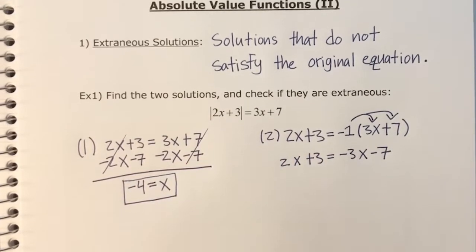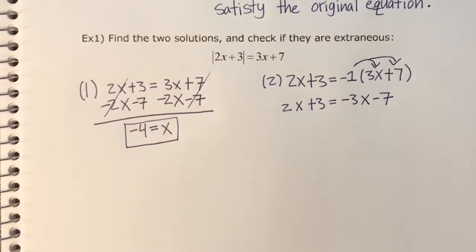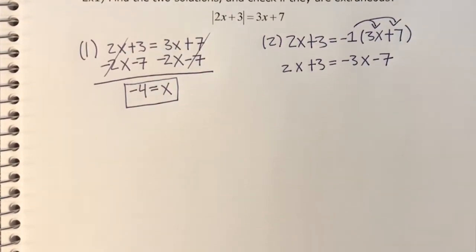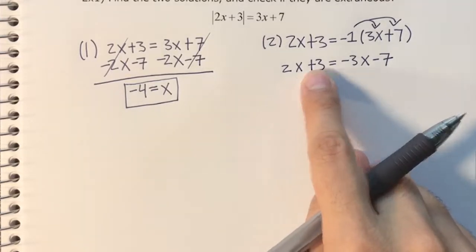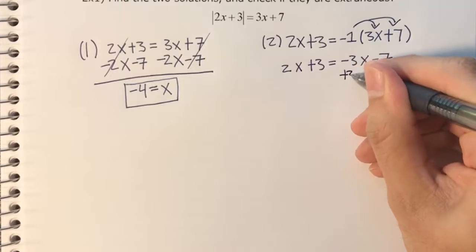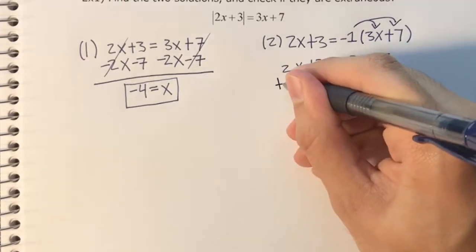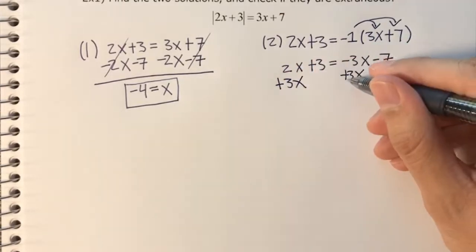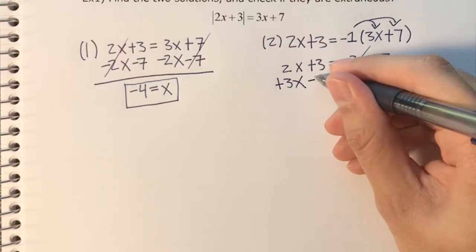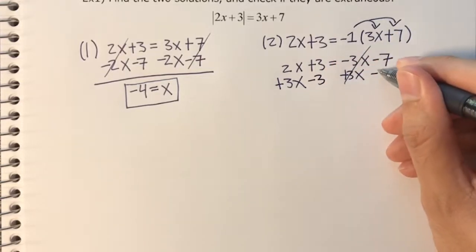All right, that's great. Let's push this up more so we can see everything. All right, now here, what am I going to get rid of? The 2x or the negative 3x? I'm going to get rid of that negative 3x because it's smaller. If I get rid of something on the right, that means I got to get rid of something on the left. So opposite of plus 3 is a minus 3.